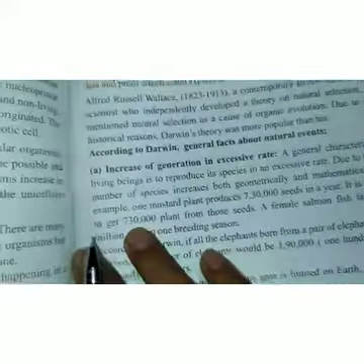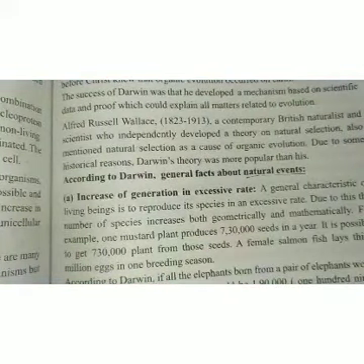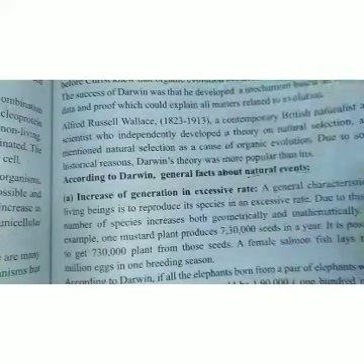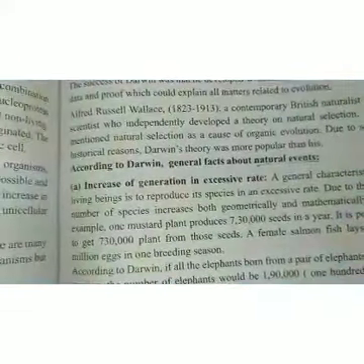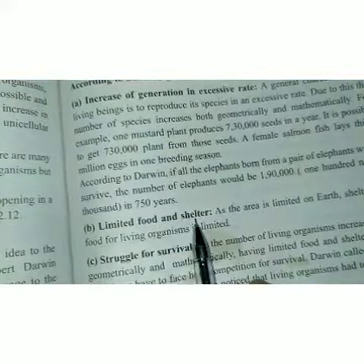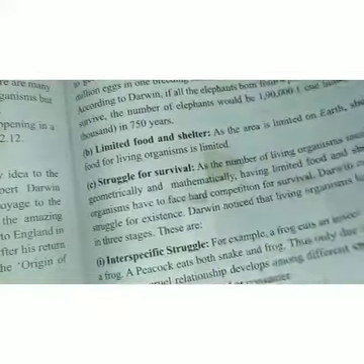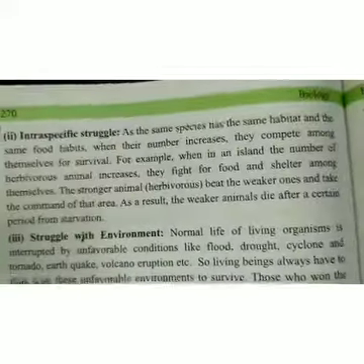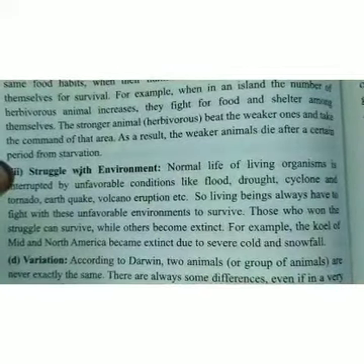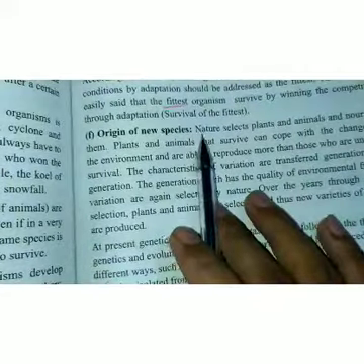There are some natural events that follow Darwinism, like increase of generation in excessive breed, limited food and shelter, struggle for survival, intraspecific struggle, interspecific struggle, struggle with environment, then variation, then natural selection, etc. Then origin of new species.